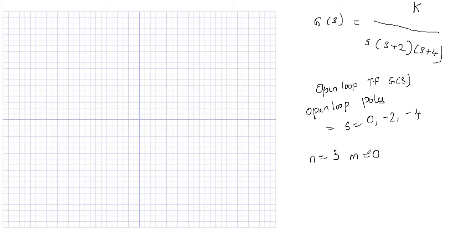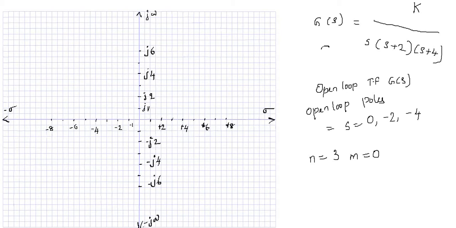So the first step is to locate all open loop poles and zeros in the s plane. So before that we have to mark the graph sheet. We have to locate all poles and zeros.